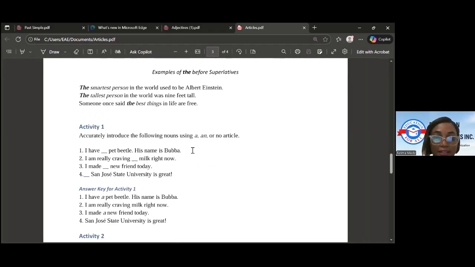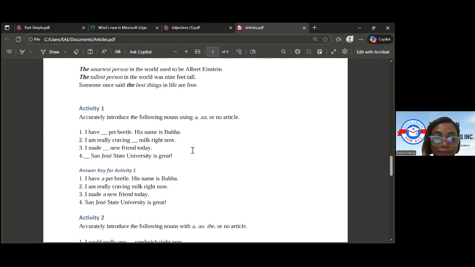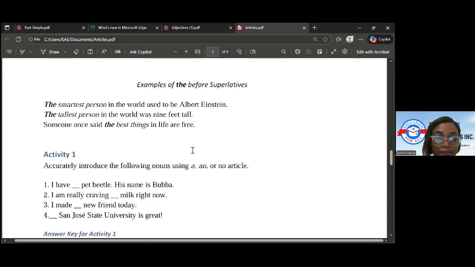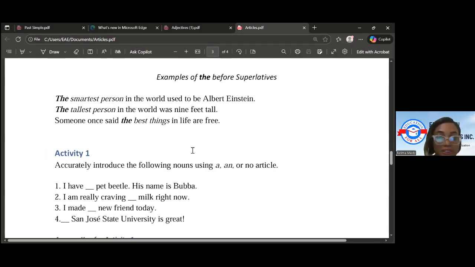Okay. Now, we have this little activity, so you have number one, number two, number three, and number four. So what is the instruction?